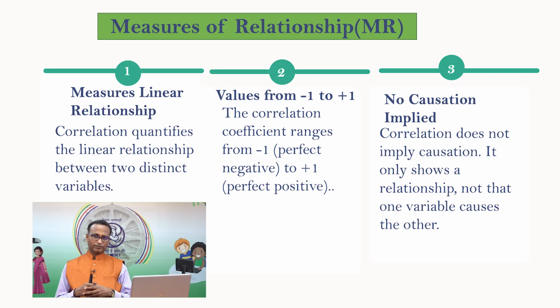And there is another descriptive statistic, the measures of relationship. Relationship means the association between two variables or more than two variables, but here we will focus on only two variables, and that is known as the bivariate situation.